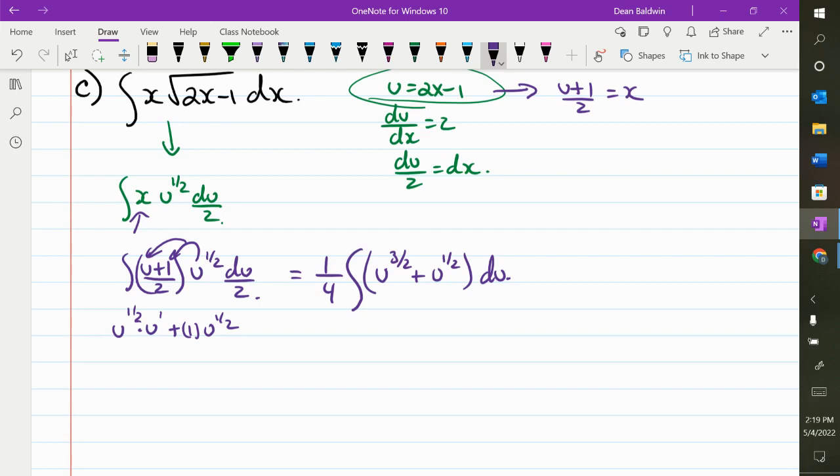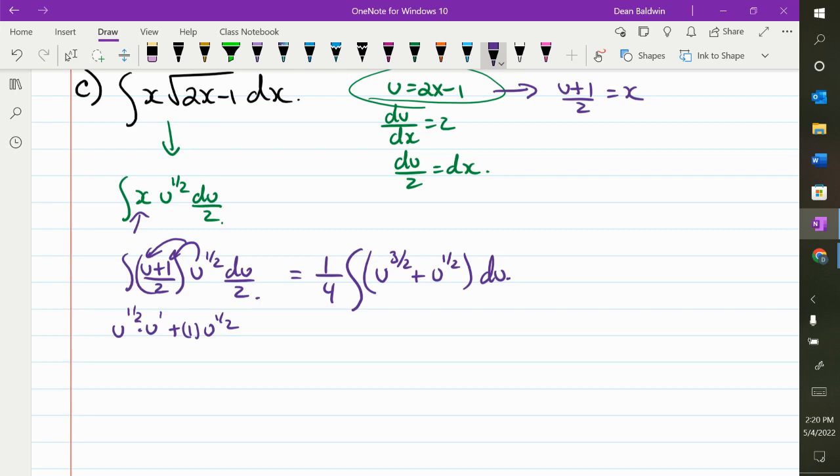Now this makes us happy because when you have an addition or subtraction sign, you can just do each one separately, right? It's nice and straightforward. So at this point, we have all u's, no x's. We have an addition or subtraction sign, so we can deal with each one separately. So what do I do to this? U to the 3 halves over 2.